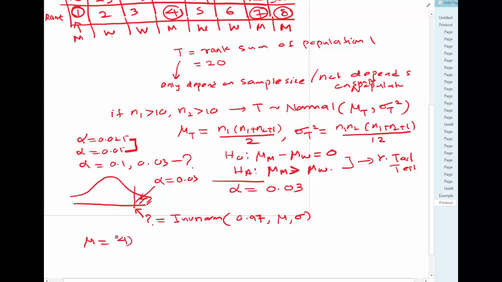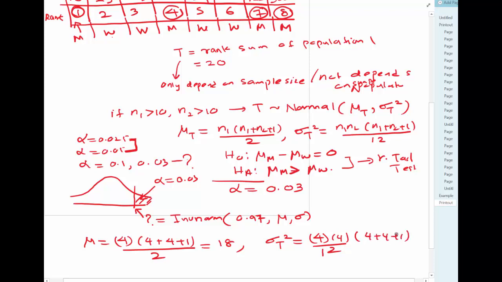Using that formula, it is 4 times (4 plus 4 plus 1) divided by 2, which is 4 times 9, that's 36, divided by 2, 18. And then for sigma, the variance is 4 times 4 times (4 plus 4 plus 1) divided by 12, so 16 times 9 is 144, divided by 12, that is 12. So this means sigma is the square root of 12.